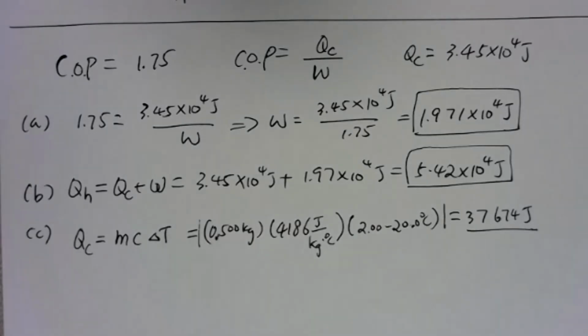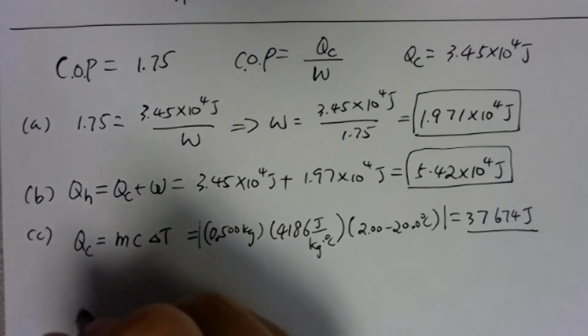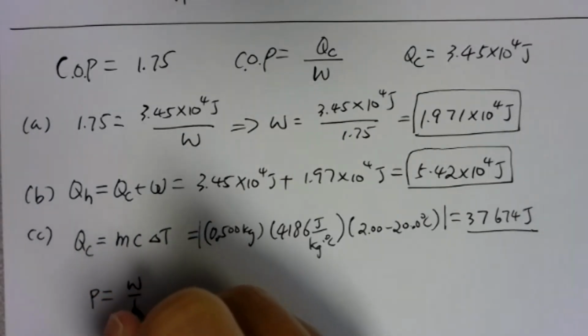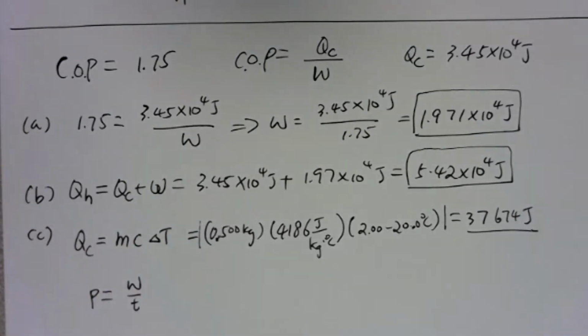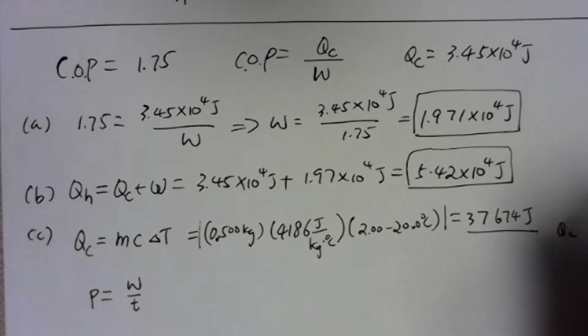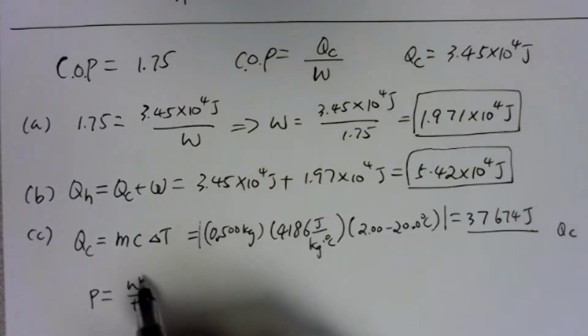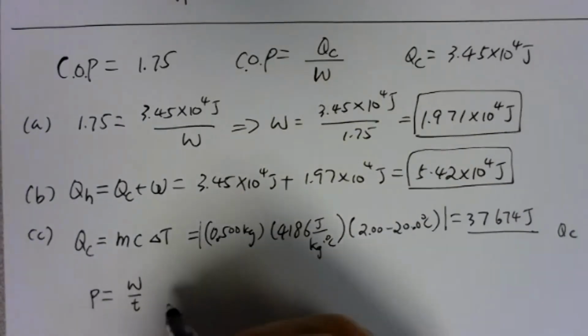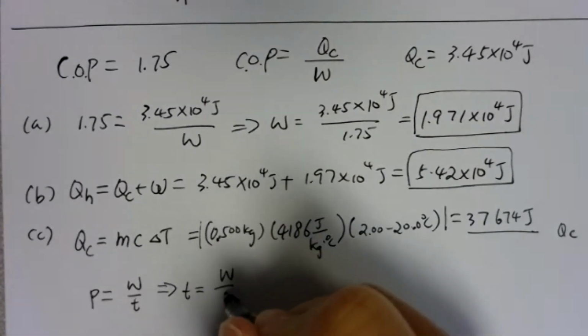All right. Now the refrigerator has a power, so power is equal to the work done divided by t. We can use this QC that we got to calculate how much work is done, and then dividing by power gives t. So you're looking for t equal to work divided by power.